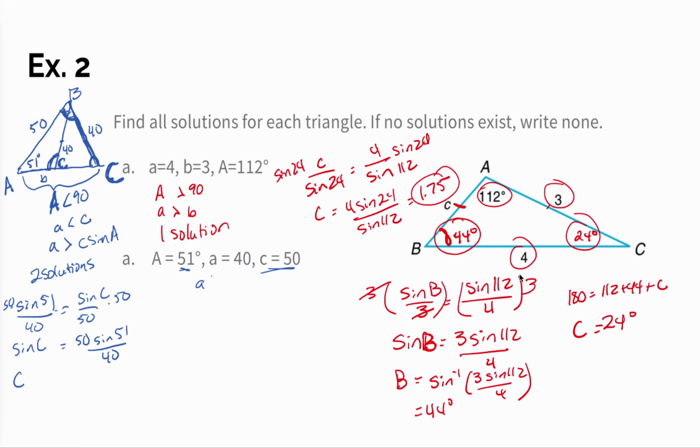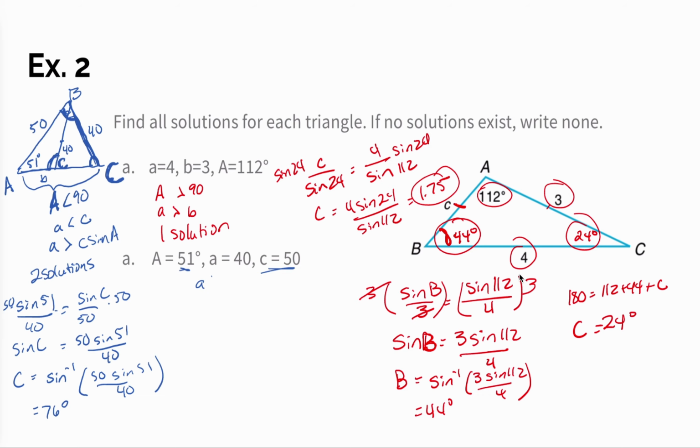And we're going to take the inverse of that. So sine inverse of 50 sine 51 over 40 is 76, let's call it 76.